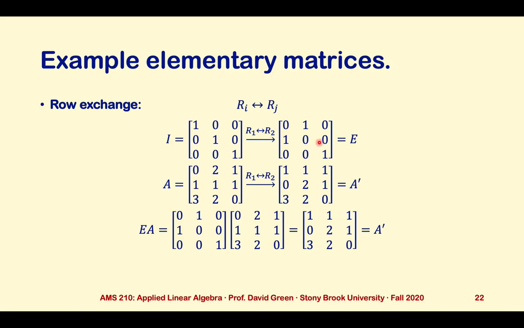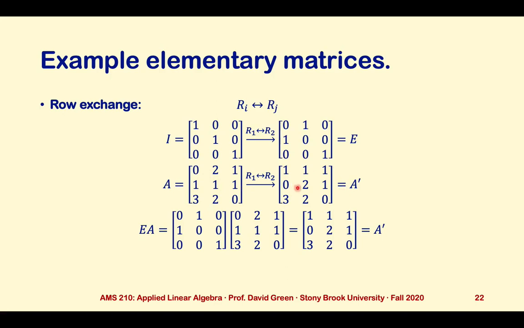If we apply that same row operation to a matrix A, like here, where the upper corner was 0, we need a row exchange to move the pivot upwards for Gaussian elimination, for example. That row exchange would take the second row and make it the first row, and the first row and make it the second, and so on.